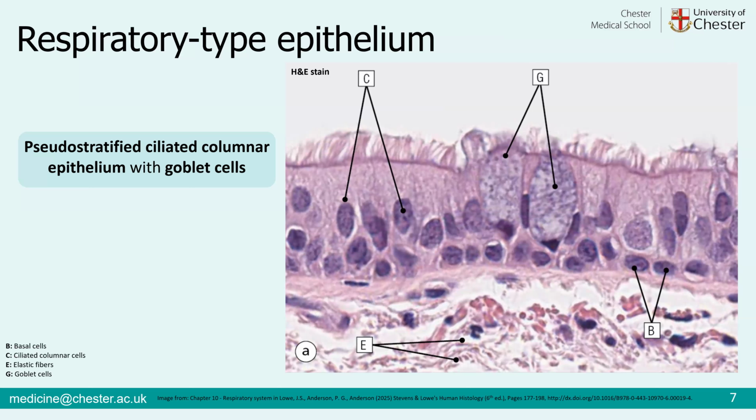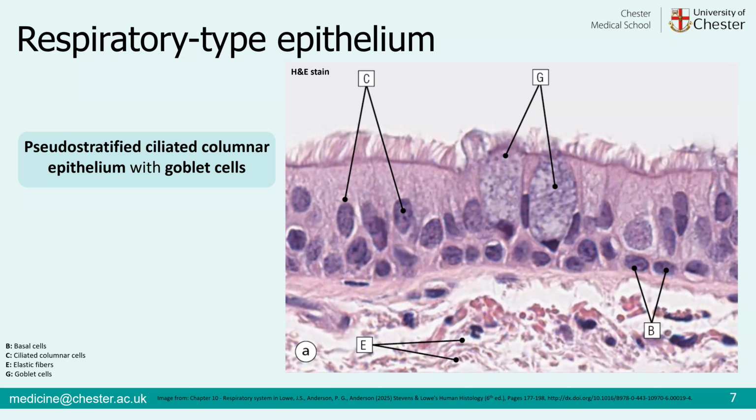Some of them will make contact with the basement membrane and also extend out to the luminal surface. So these tall columnar cells are making contact with the basement membrane, but also have this apical surface facing the lumen. The basal cells at the bottom here will be sat on the basement membrane, but they don't extend all the way through the epithelial thickness. So if we look through the name, pseudostratified, so it looks stratified, but it's not. It's ciliated.